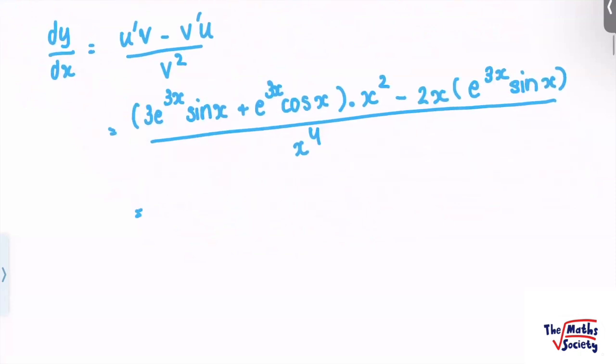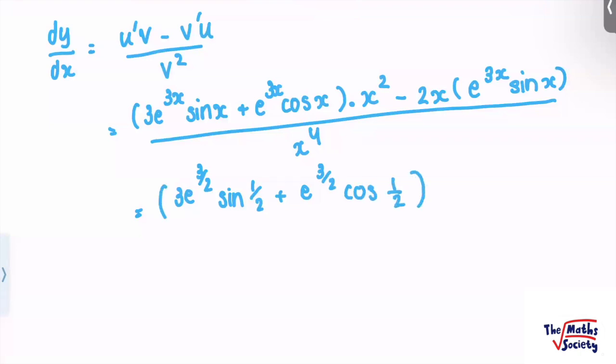So then it's going to be 3e power 3 by 2 sine half, plus e power 3 by 2 cos half, of 1 by 4, minus e power 3 by 2 sine half.